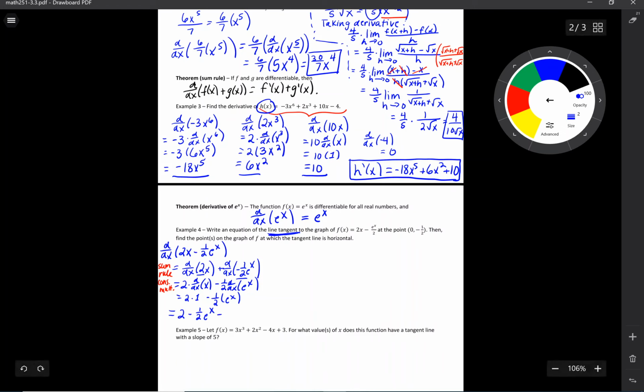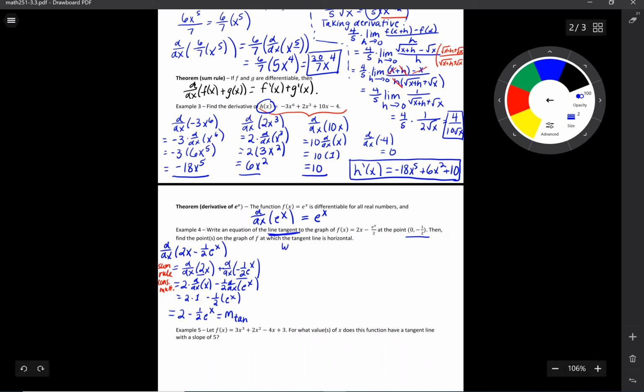So this is the slope of the tangent line at any point on our original graph. But I care about the particular point 0, negative 1/2. So in order to find the m tan at this point, I am going to plug in this point into my m sub tan to find the slope of the tangent line at that point.